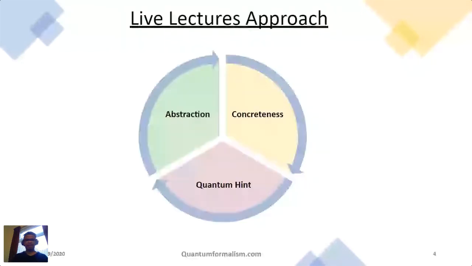So the approach we will try to take, as already mentioned in the previous presentation, is more or less this. We start with the abstraction and stay there as long as possible, because this will hopefully help you feel comfortable with the abstraction. It's in our view, in my view in particular, that if you are to have any chances of creating new theories, whether in quantum mechanics or quantum information theory, you need to feel comfortable with the abstraction.